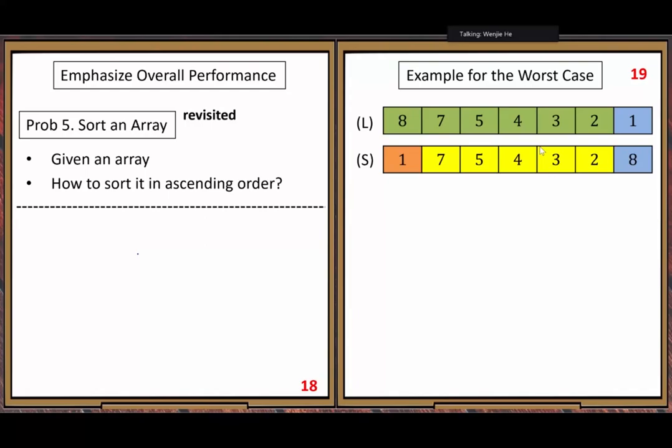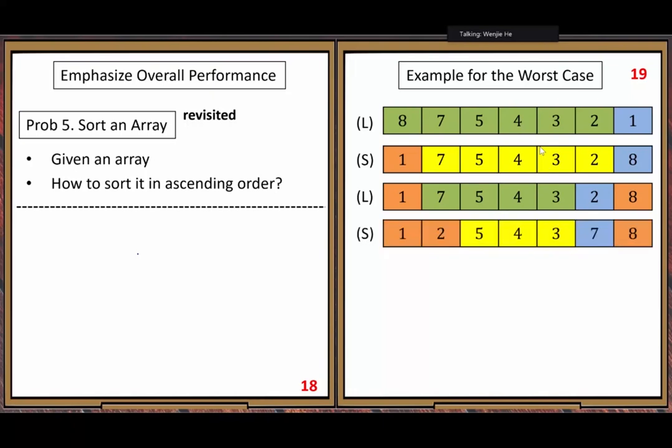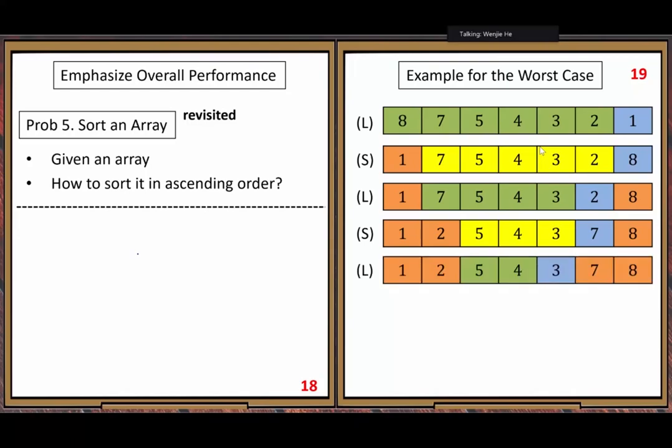Each partition step you have a worst case, and after one partition, you have a second partition and get another worst case. Then the next partition you get another worst case, because you put more elements in place. Then you need to do more partitioning. So more elements are in place, but it is always the worst case.